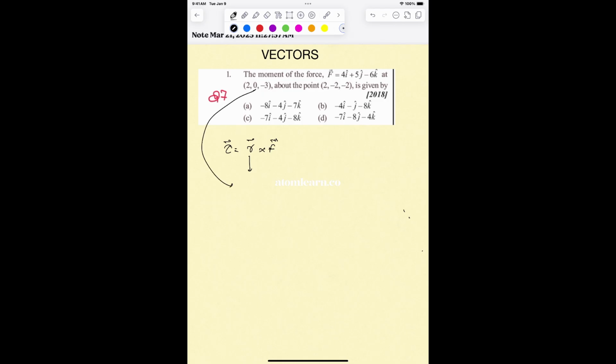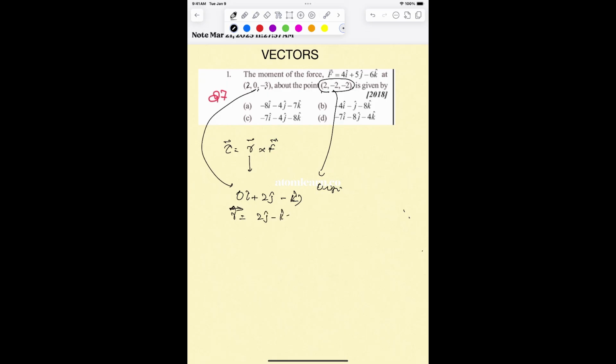Then the position vector of this point with reference to the origin, considering this as the origin, is R vector equal to (2 minus 2) i cap, (0 plus 2) j cap, (minus 3 plus 2) k cap, equal to minus k cap. Therefore R vector is 2 j cap minus k cap.